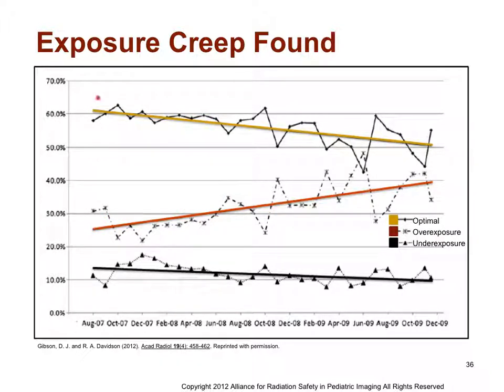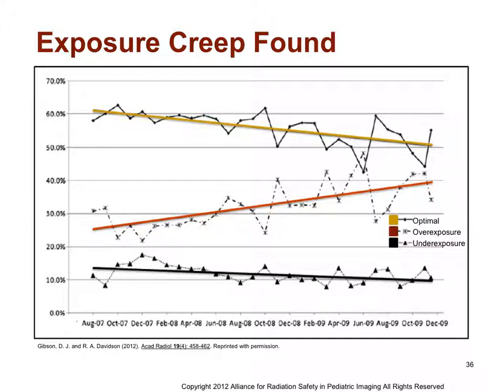Their optimal exposures were decreasing. You can think, if they didn't intervene, these lines are going to cross at a certain point. The other thing to note is that underexposures are also decreasing over the period of this analysis. So that's honestly really bad news for this particular facility.